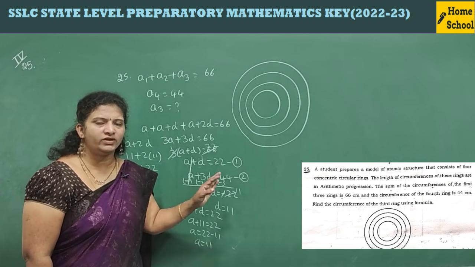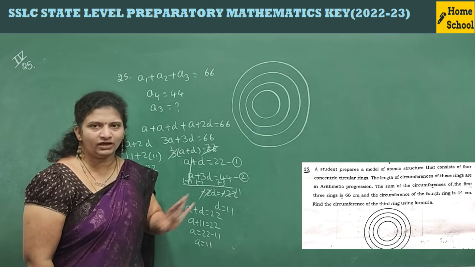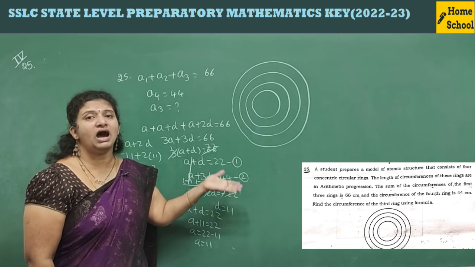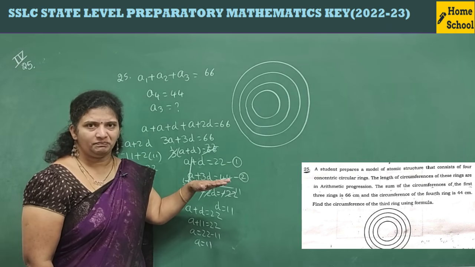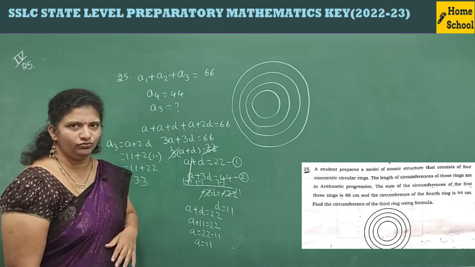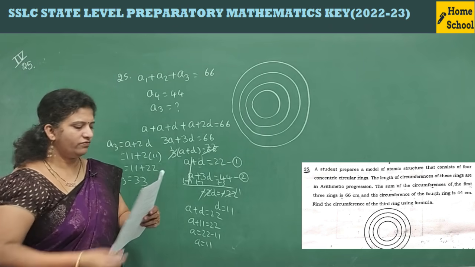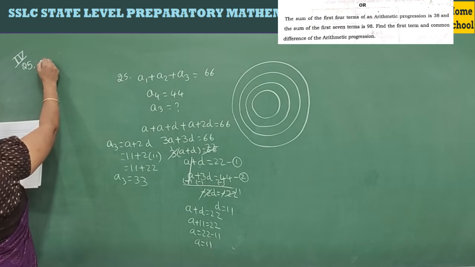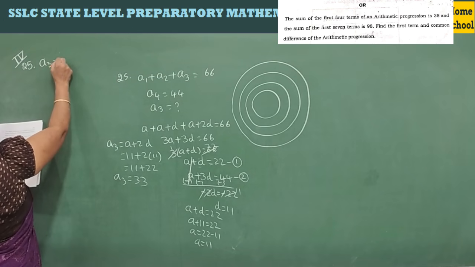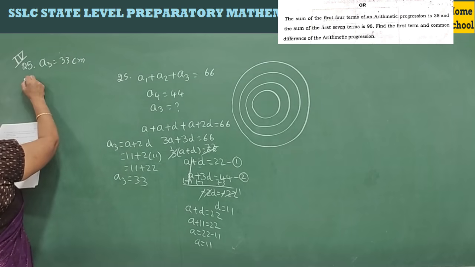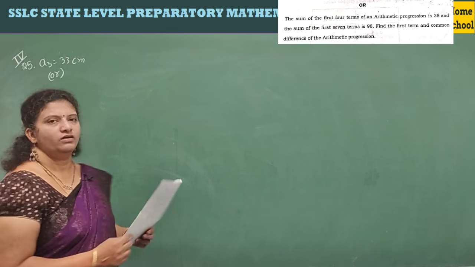In this problem we don't need to apply the 2 pi r formula. They have just given that the circumferences are in AP. So directly you can write a1, a2, a3, a4. Okay, is this clear? So finally, the circumference of the third ring, a3, is 33 centimeter. Don't forget writing centimeter, children, here.